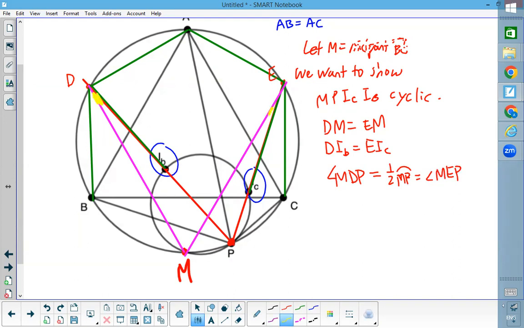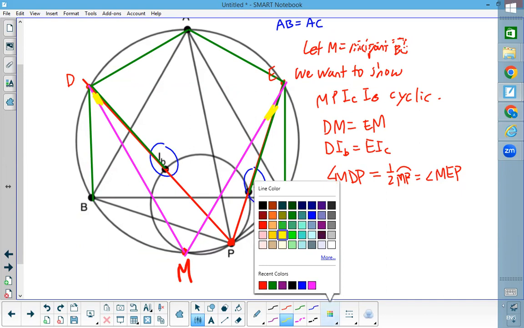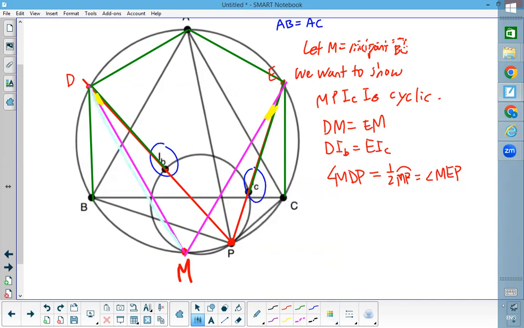So what does that mean? That means you have two triangles that are congruent, this triangle here and this triangle here, by SAS congruence. That is very useful.